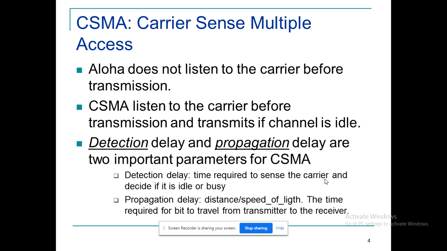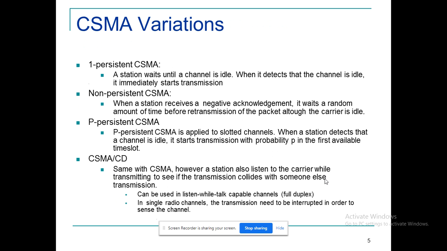So those two parameters, quoted as a demerit in the previous case, have been used as improvement parameters here. So these are all the different categories where it is ready to sense the channel. Likewise, you could go for variations.